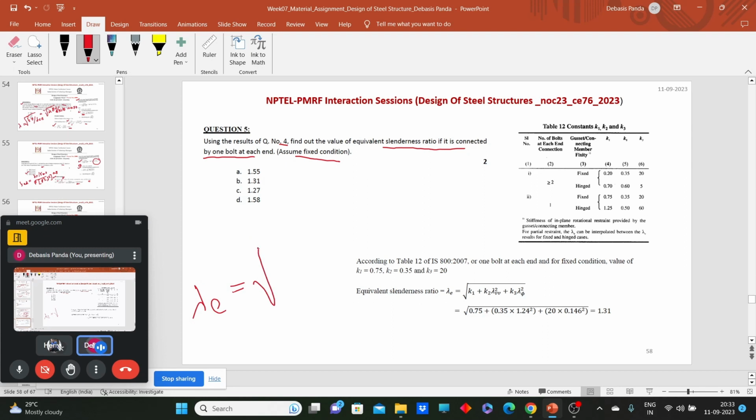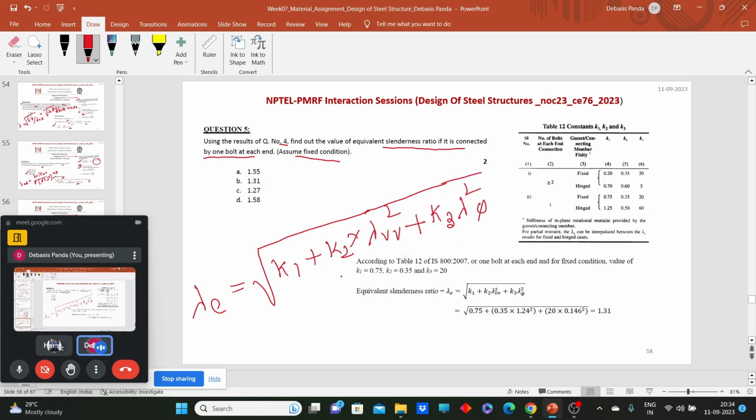Lambda equivalent is equal to k1 plus k2 into lambda VV square, where lambda VV we have calculated in question number 4, plus k3 into lambda phi square, and lambda phi we have already calculated in the previous question.